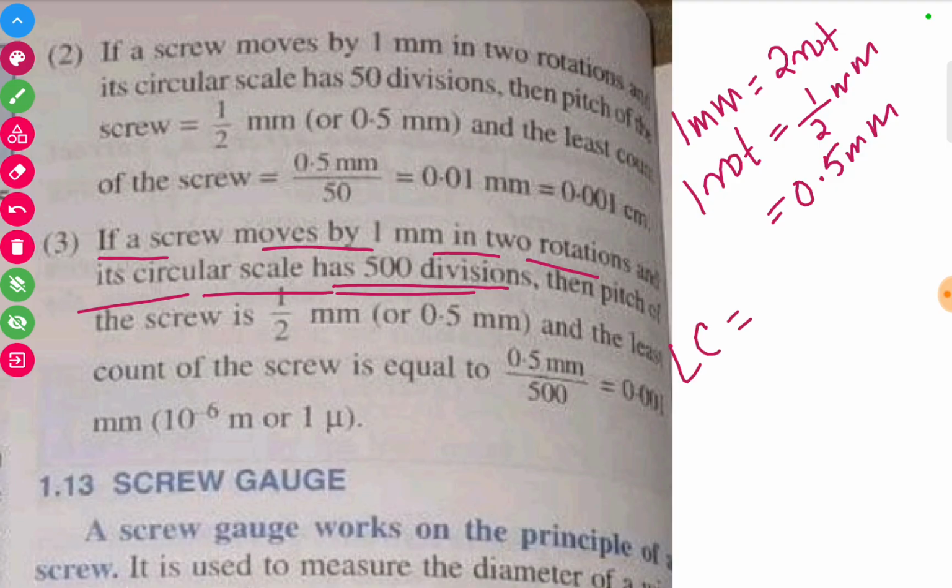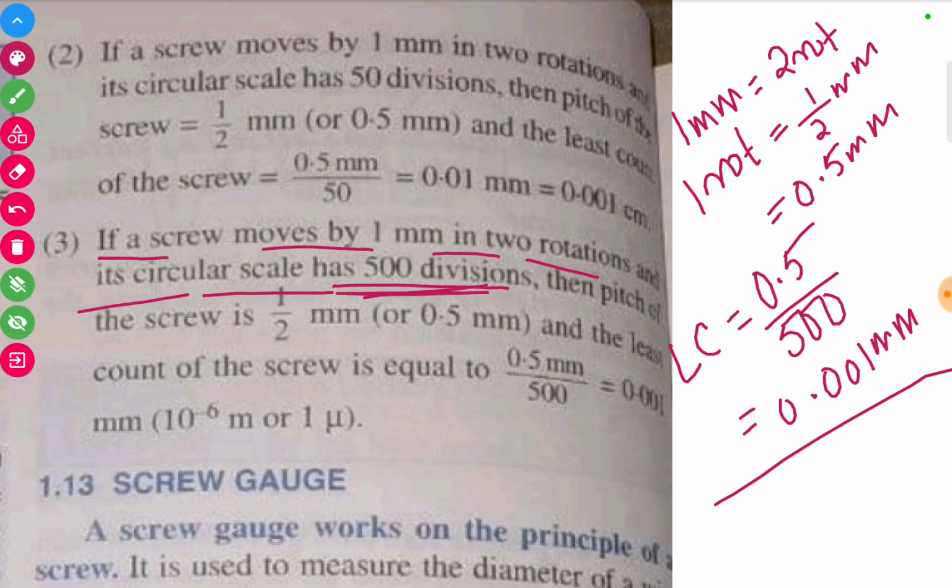Least count is the distance covered in one rotation, that is 0.5, divided by 500 divisions, so this comes out to be 0.001 millimeter.